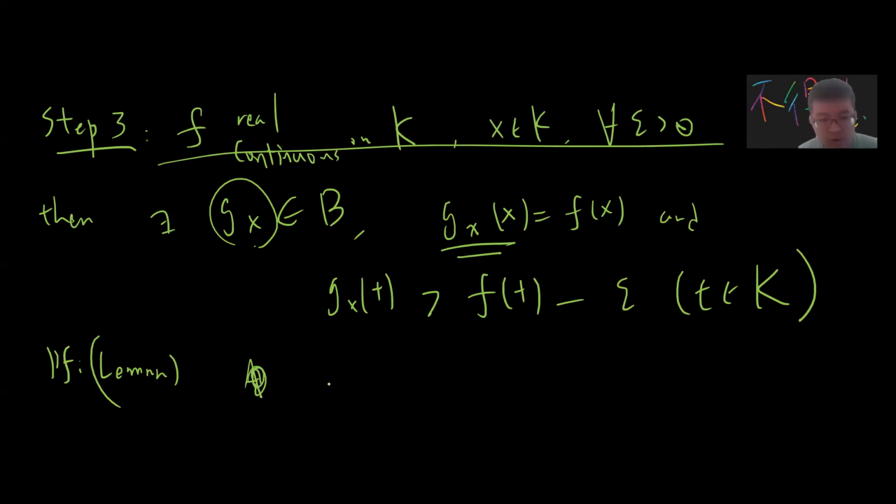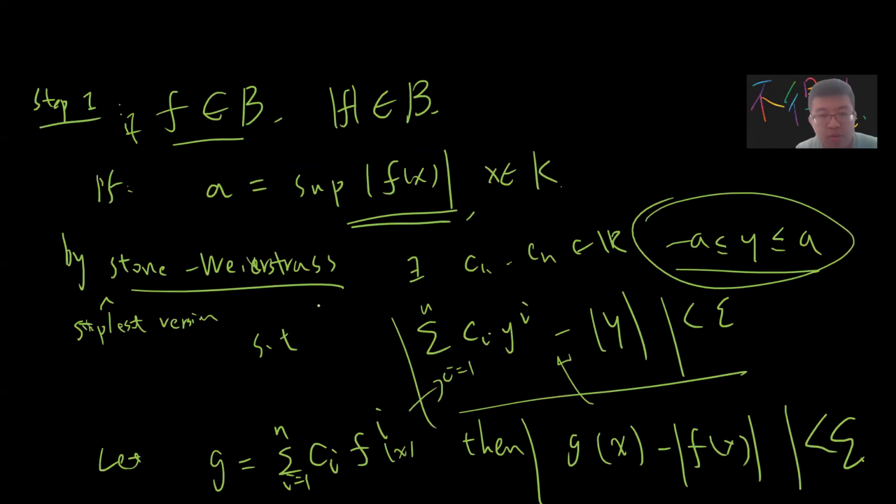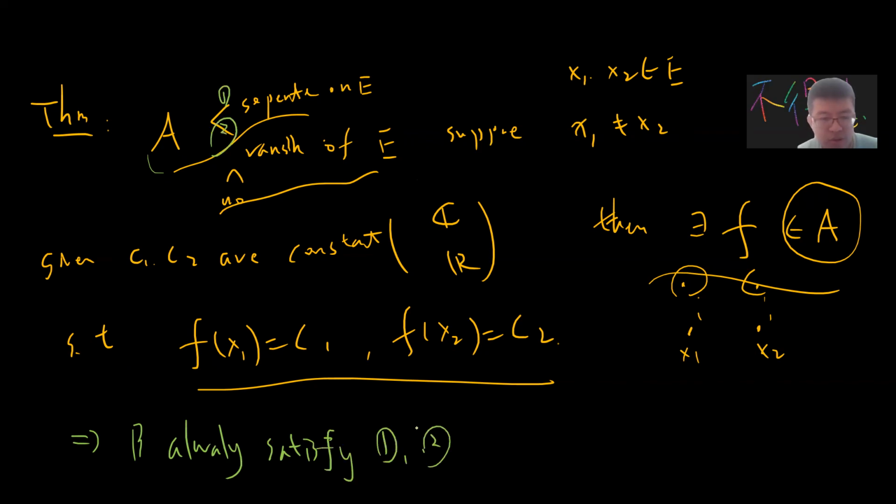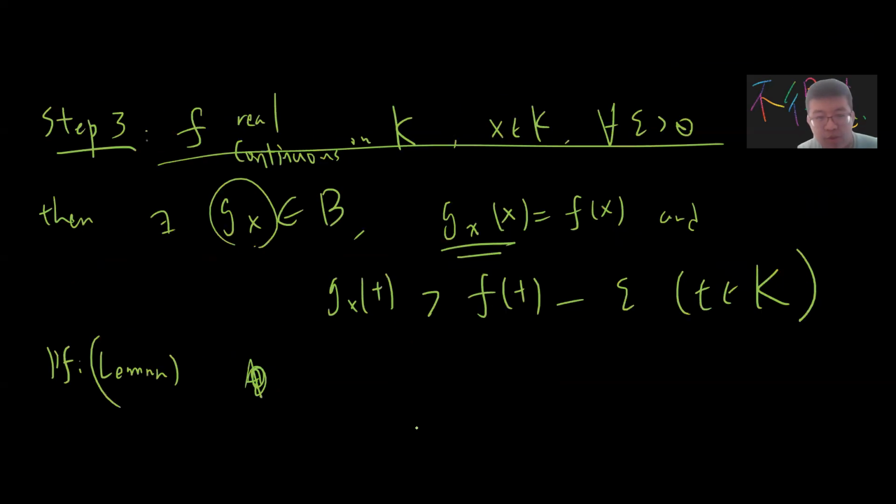So let's step back: in this case, A separates points on E and has no vanishing points on E. You can easily say that if A satisfies this relation, then the uniform closure of A also satisfies it. So B also satisfies these two conditions. That is a simple exercise for you to check.